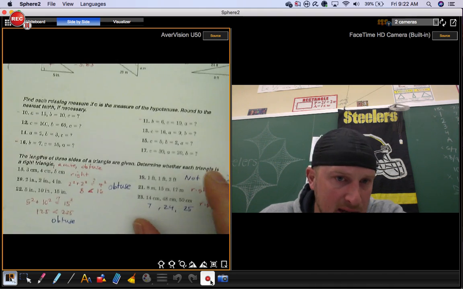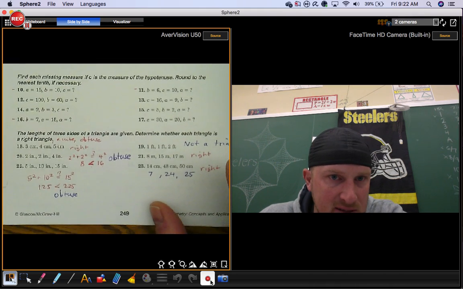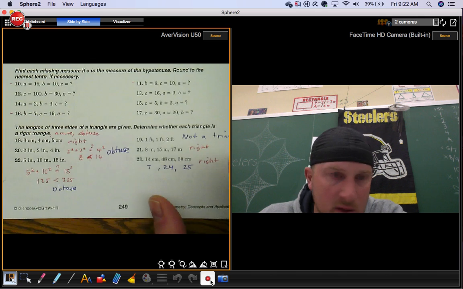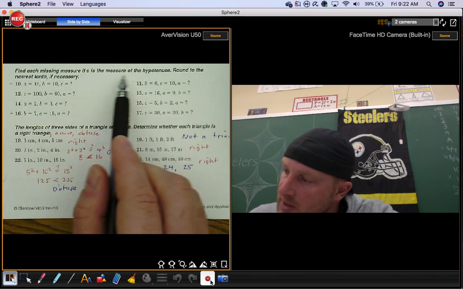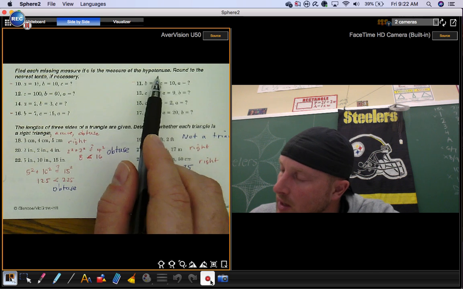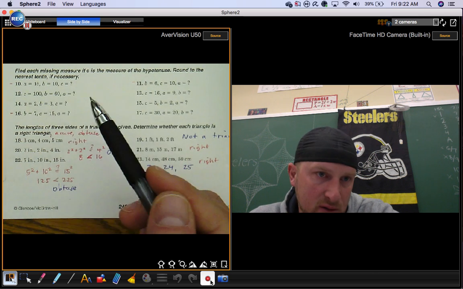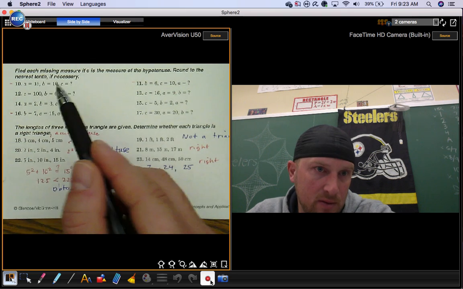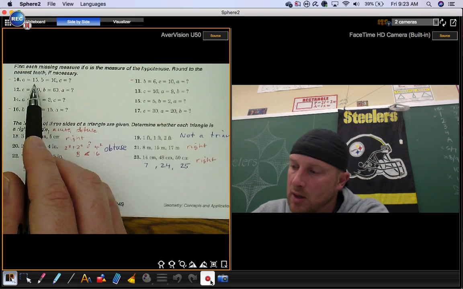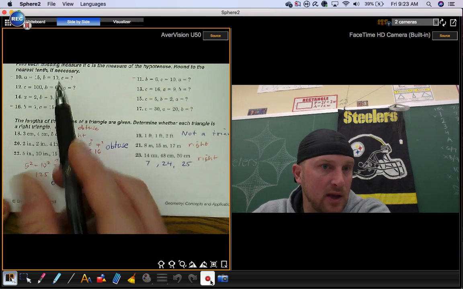The next section down, 10 through 17, is the same exact thing, except they don't give you a picture. So they're telling you these are right triangles. Find the missing measure. If C is the measure of the hypotenuse, so C is your hypotenuse, obviously, A and B are your legs. Round to the nearest tenth, we're going to do hundredth if necessary. So here's number 10. You have A and B. Those are your legs.